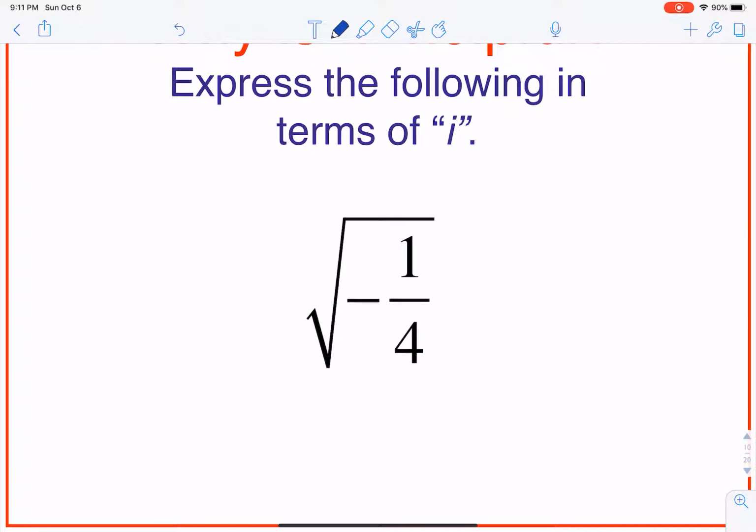Looking over here, this is really like the square root of negative 1 times the square root of 1/4. This piece is i times 1/2. So this is like i over 2.